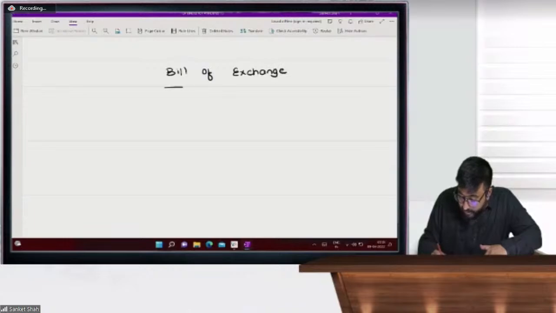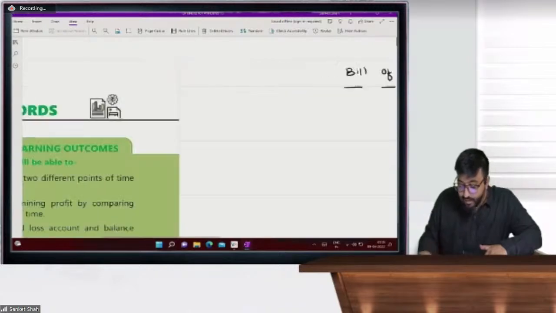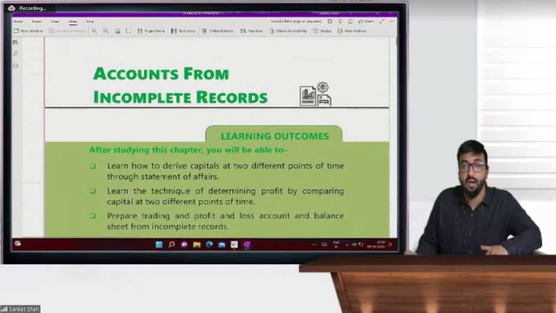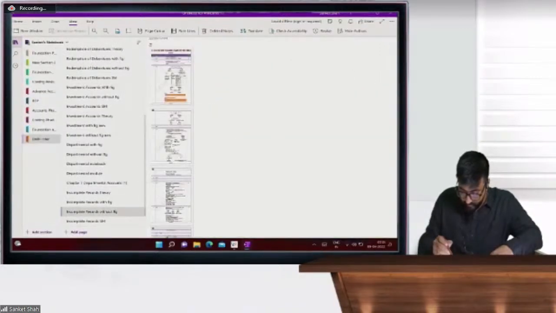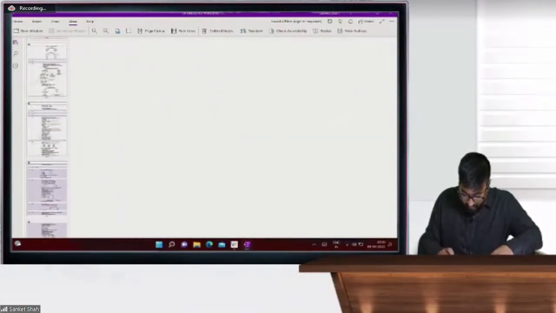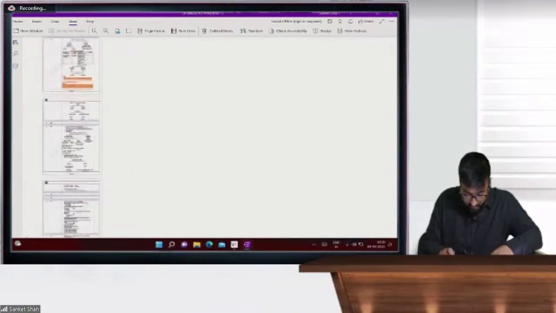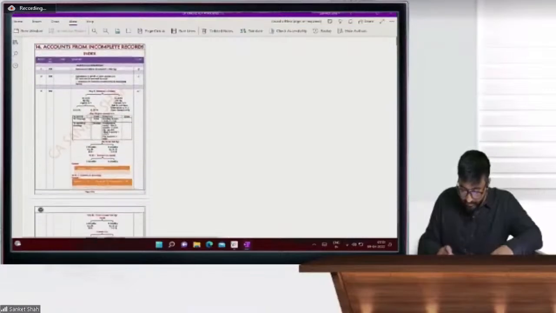Write down, friends. First, write down the name of this chapter, accounts from incomplete records. Index, minimum 3 to 4 pages of index. No, beta, index is almost 7 pages.